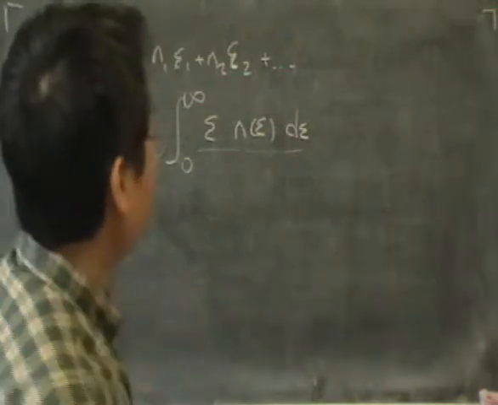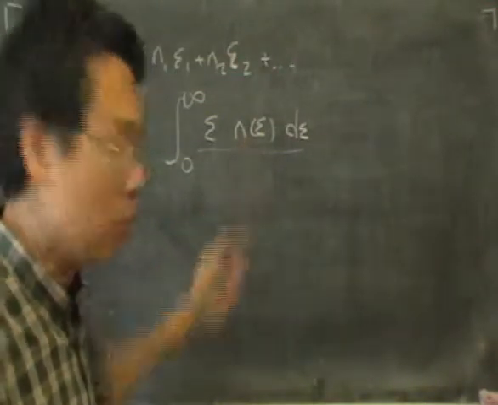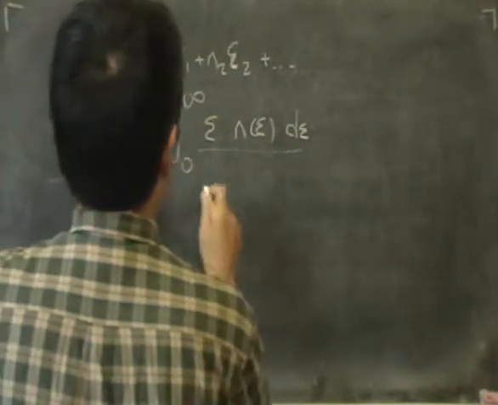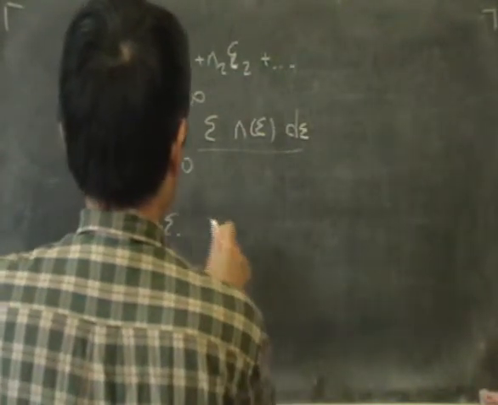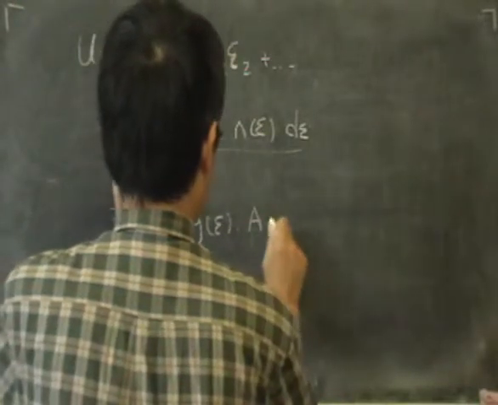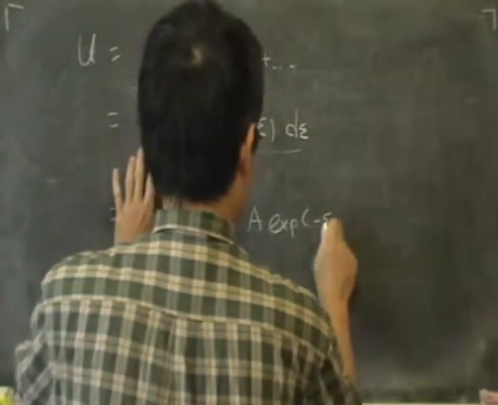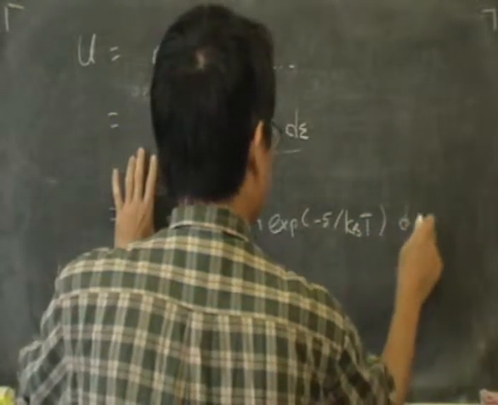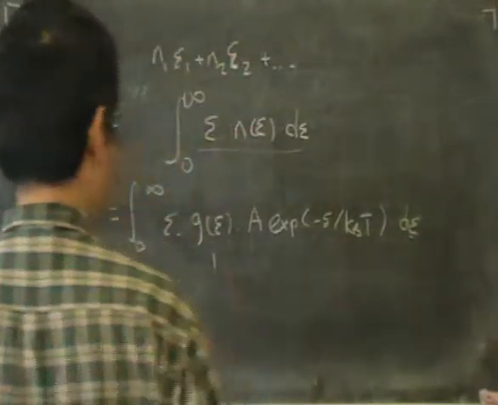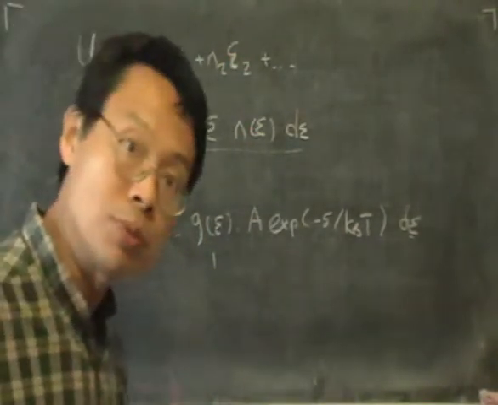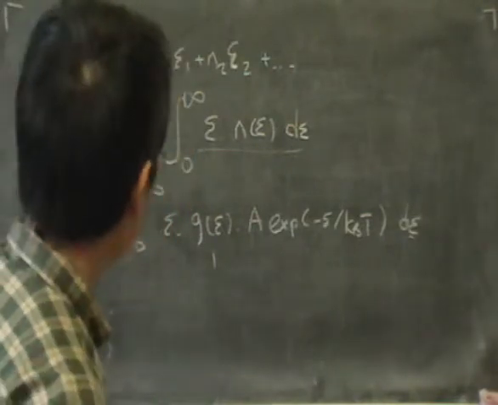We had an expression for N(E) just now, so let's plug that in. That expression was g(E) times A exp minus E over k_B T. And we even know what g(E) is from the previous formulas.